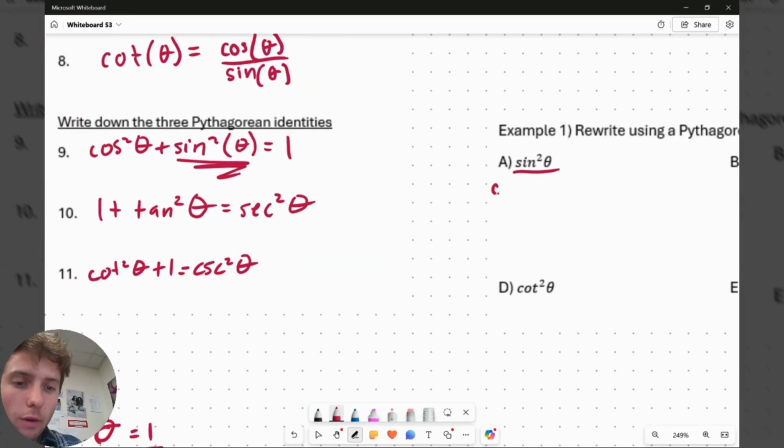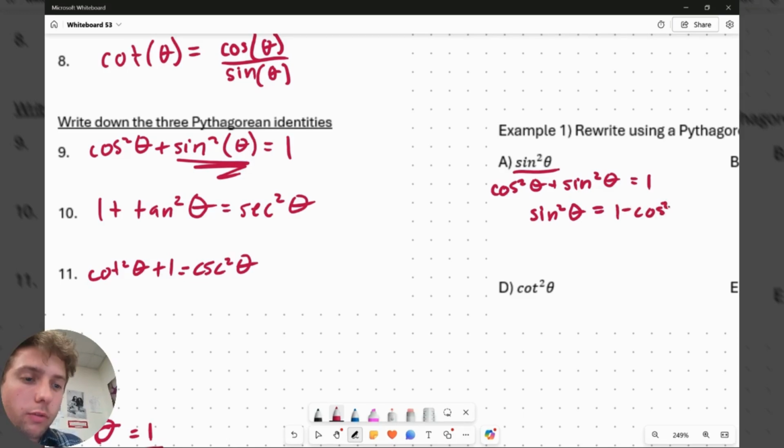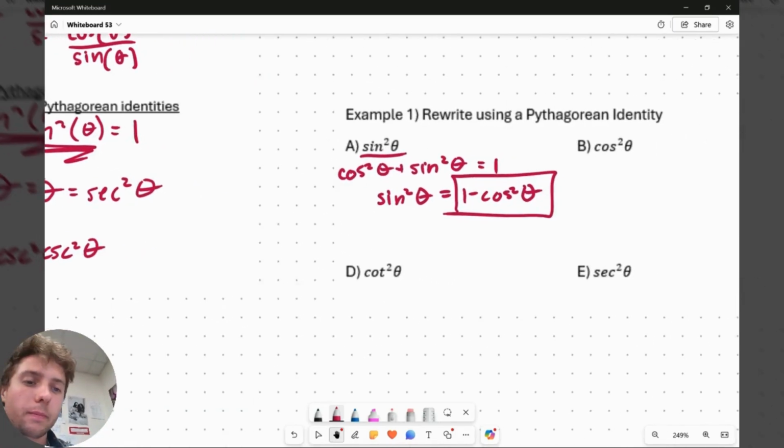So maybe I just start by writing that identity down. But I want to rewrite it for sine. That means I want to get sine by itself. In other words, I need to subtract the cosine squared over to get sine by itself. Sine squared theta is equal to 1 minus cosine squared theta.